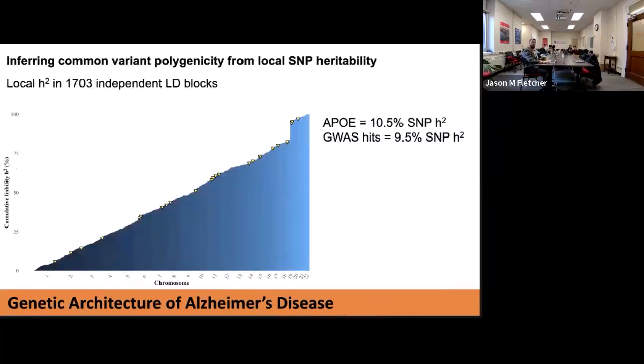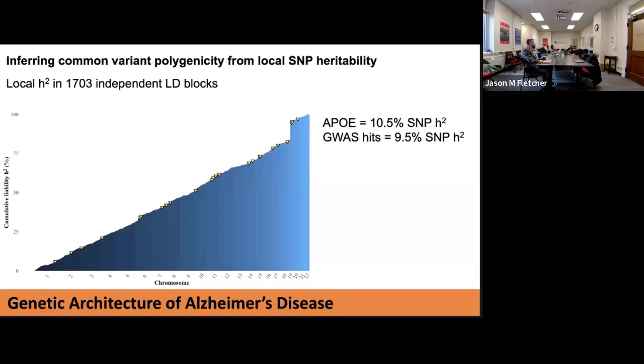Okay, so what we did next was to investigate local heritability, so how heritability was distributed across the entirety of the autosome. We inferred common variant polygenicity from local SNP heritability analysis using approximately 1,700 independent LD blocks. What we found is that genetic risk for Alzheimer's disease was homogeneously distributed across the autosome with a sharp discontinuity at the APOE locus, which explained 10% of the total SNP heritability.